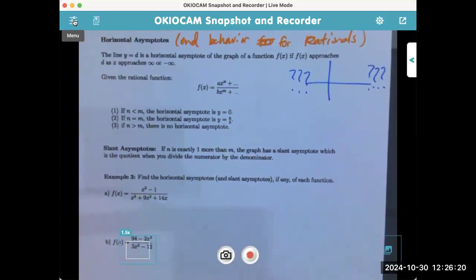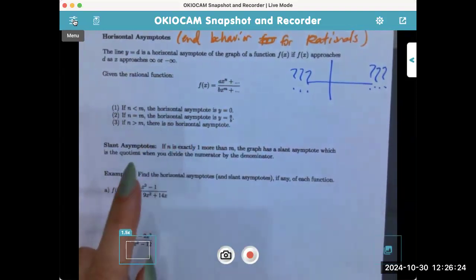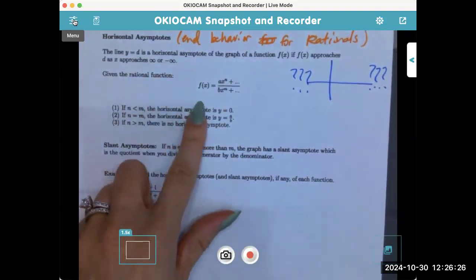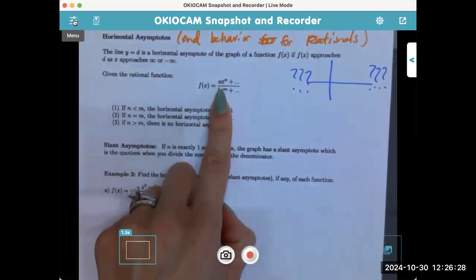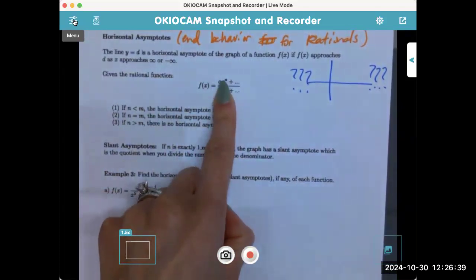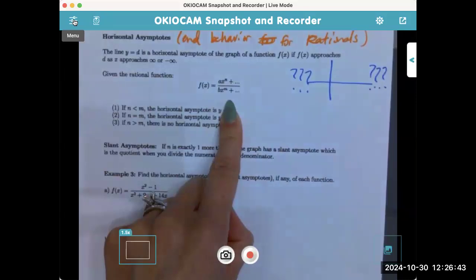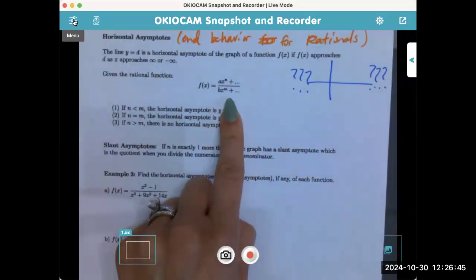All right. So here, given the rational function, if you look at the leading terms, ax to the n over bx to the m, you're basically evaluating the ratio of the degrees.